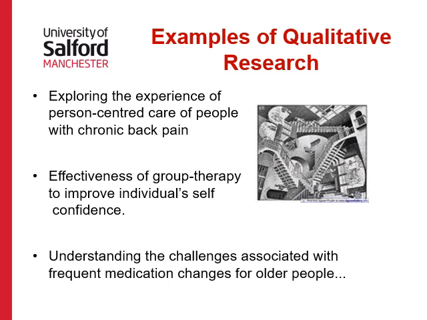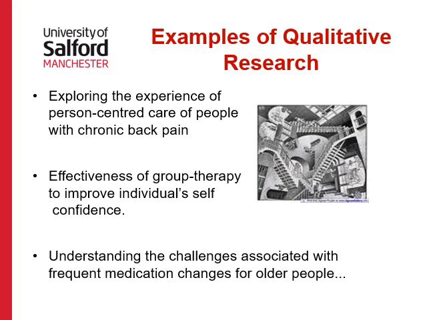So we note the word experience here. So with this qualitative approach, we would talk to these people. We would try to understand their experiences, how they felt. We certainly would not try to impose a set of ideas about what experience with chronic back pain might look like.